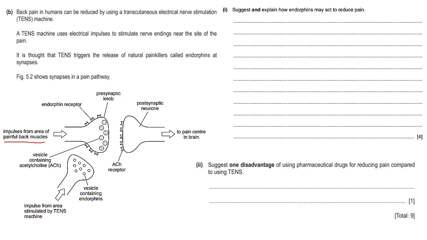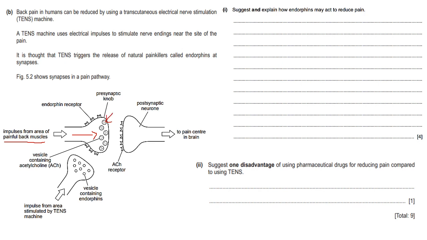So the impulses will go here through the presynaptic neuron. Okay, when they get to the presynaptic neuron, remember how synapses work. They will stimulate the opening of calcium gated channels, and that calcium gated channel will result in calcium flowing into the presynaptic neuron, which will then cause the release of these vesicles over here.